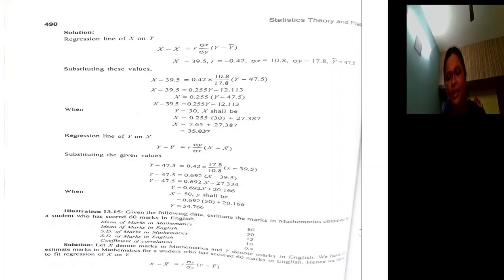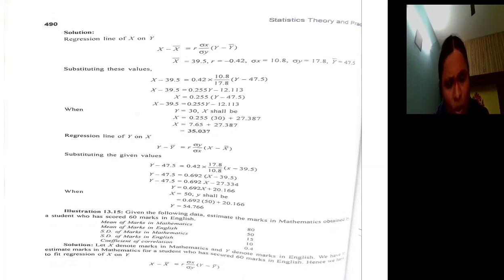So what is that? Given the following data, estimate the marks in mathematics obtained by a student who has scored 60 marks in English. So we have to calculate marks scored by students in maths when he scores 60 marks in English. What is that? Mean of marks in maths. So maths marks is considered as x.